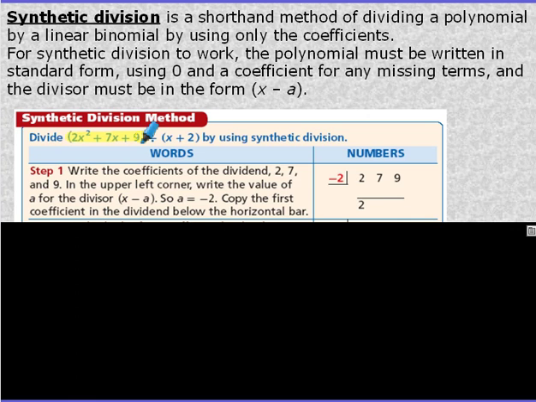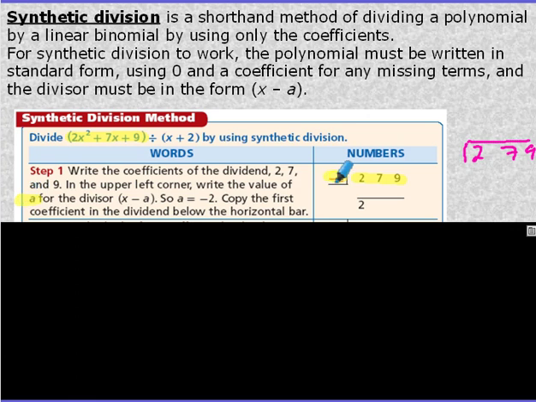We're just writing the coefficients of the dividend. So in this case, it's 2, 7, and 9. And then in the upper left-hand corner, I actually end up writing it just like it was a long division. I would do 2, 7, 9. We're going to write a. So we're going to find a and write it up here in this corner.